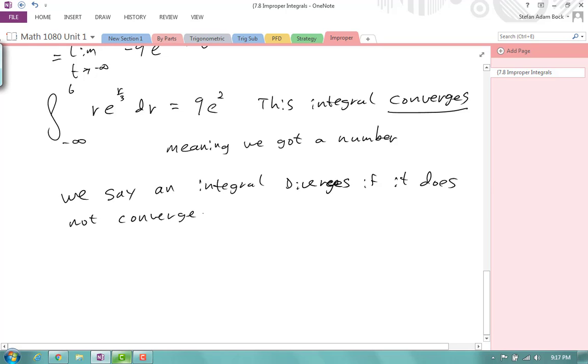Which is funny because this is actually how definitions in math go. So this means that the limit was infinity or simply did not exist.